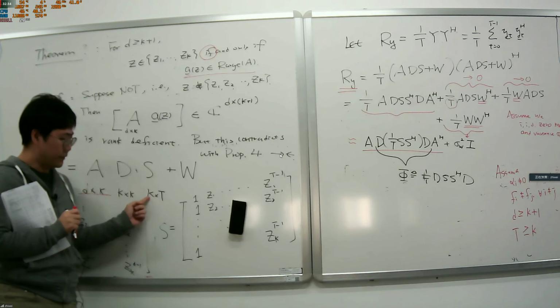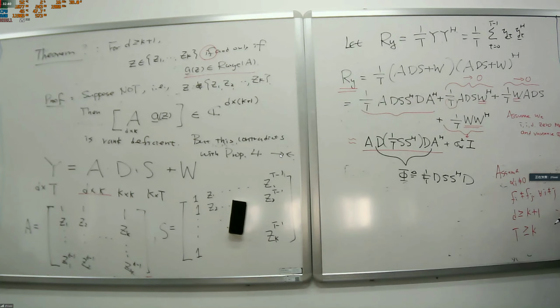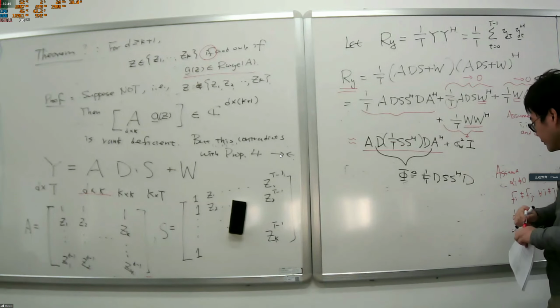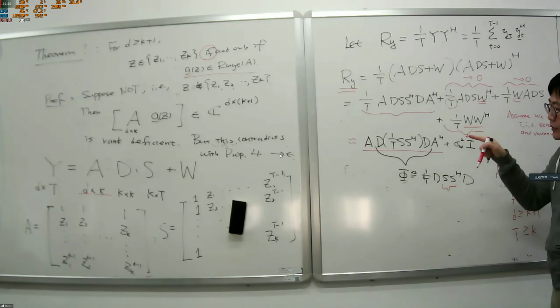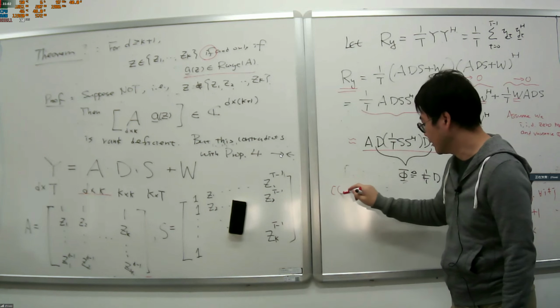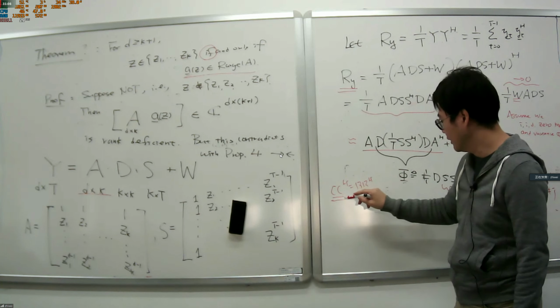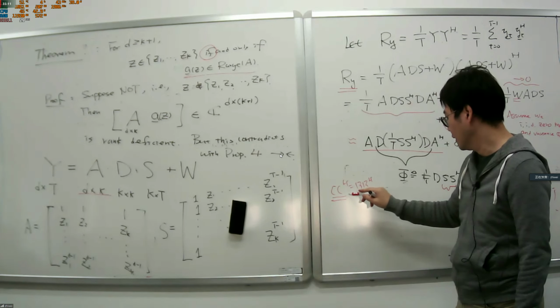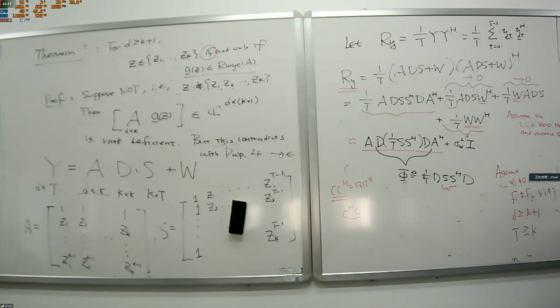Then S is a full row rank matrix. As we showed in the proof of CC Hermitian equal to BB Hermitian, there's one property we already showed: if C is invertible and full rank.